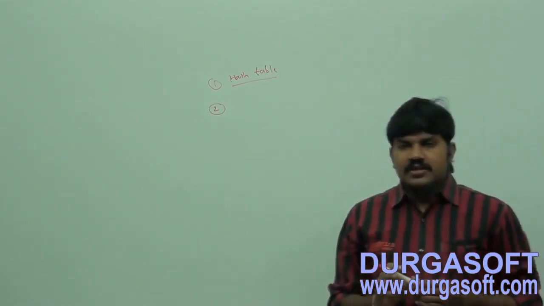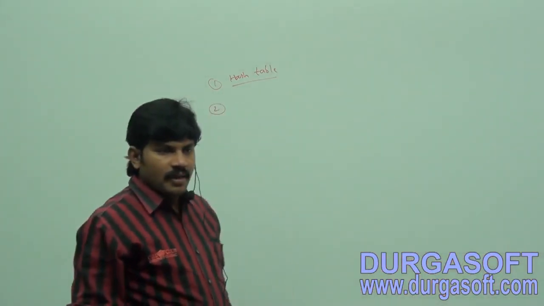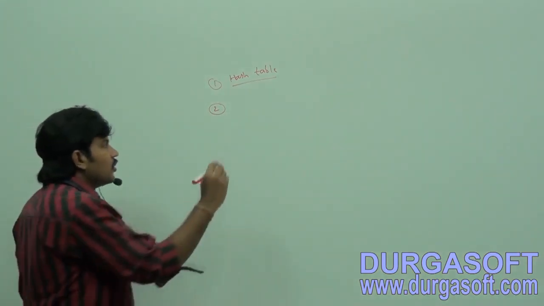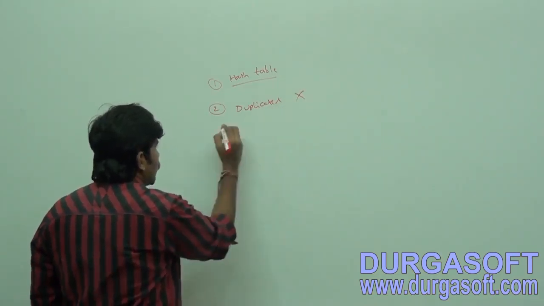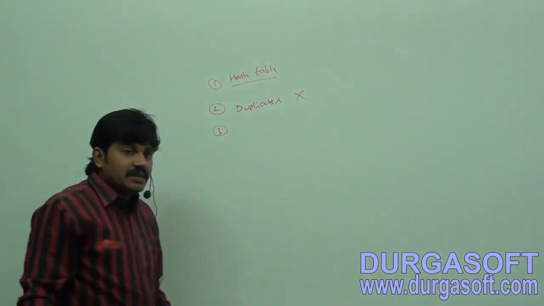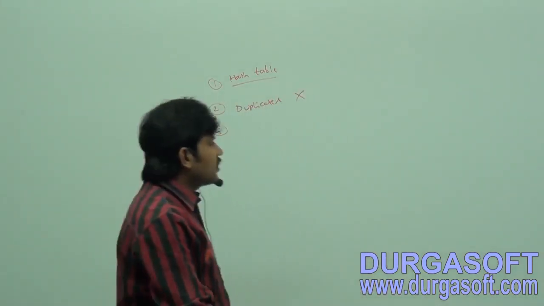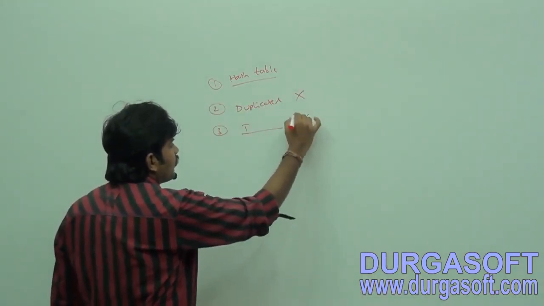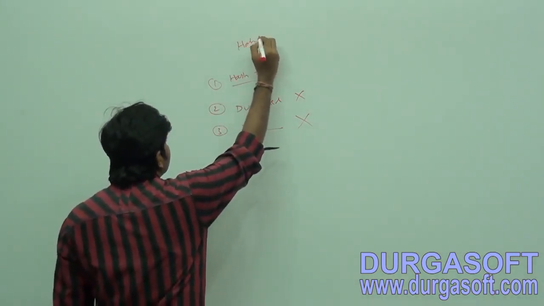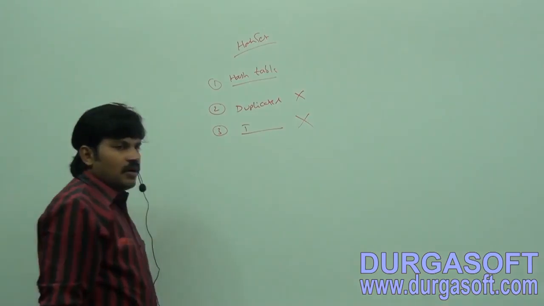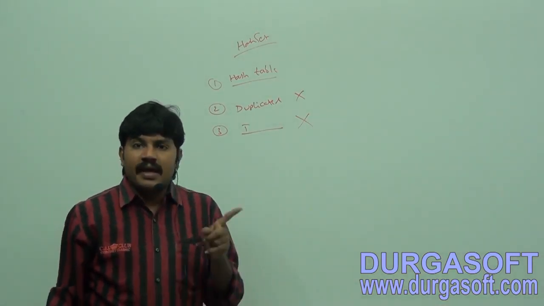Second point here: are duplicate objects allowed or not allowed? Not allowed. Duplicate objects are not allowed because it is a Set, right? Next, insertion order, is it preserved or not preserved? Insertion order is not preserved, and in the case of hashing related data structures, all objects will be inserted based on hash code.